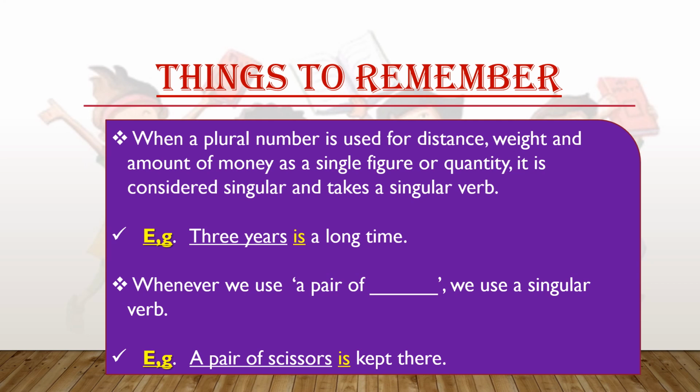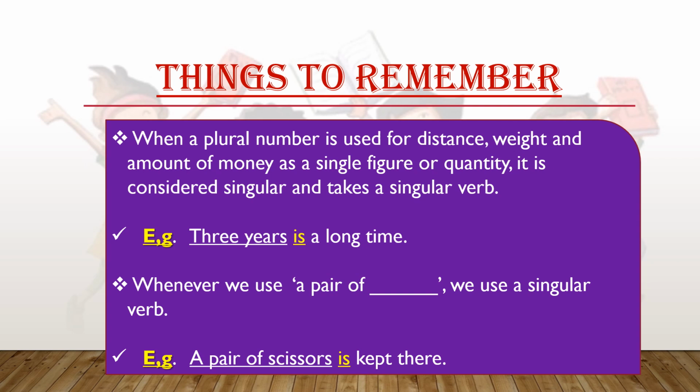Let us take this example given here. 3 years. We're talking about 3 years, but we are denoting them as one. We are talking about 3 years altogether. So 3 years is considered to be singular, and that is why the verb over here has been used as "is". 3 years is a long time.